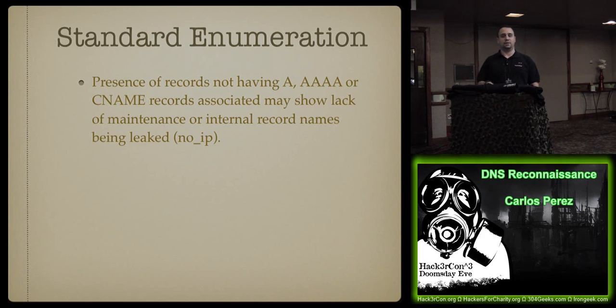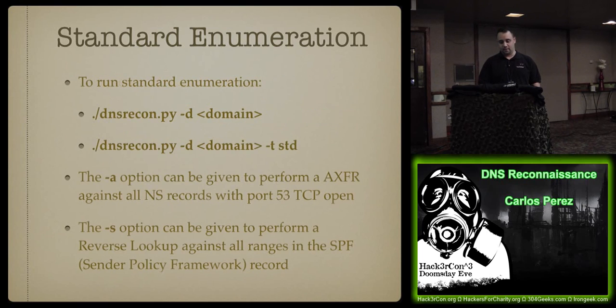With this, I can identify when, let's say, acme.com is their external infrastructure, and corporate.acme.com is the internal one. I can find this information just by looking at these records that failed but do exist. They do have an entry, but the IP address could not be gotten from it.